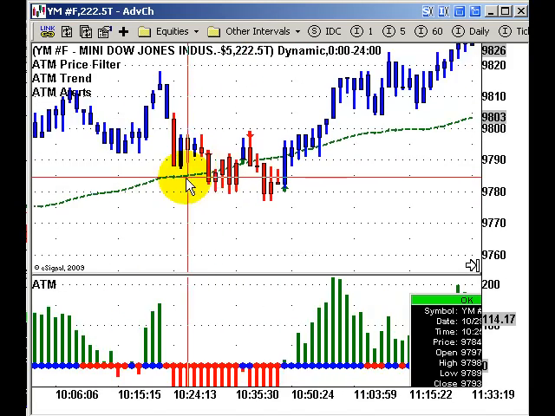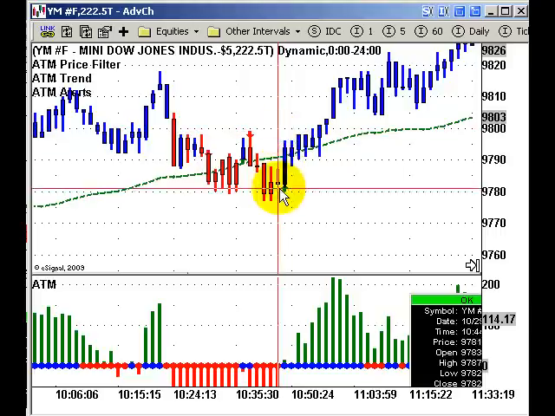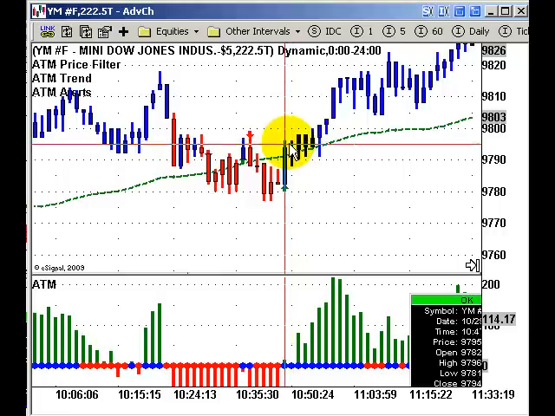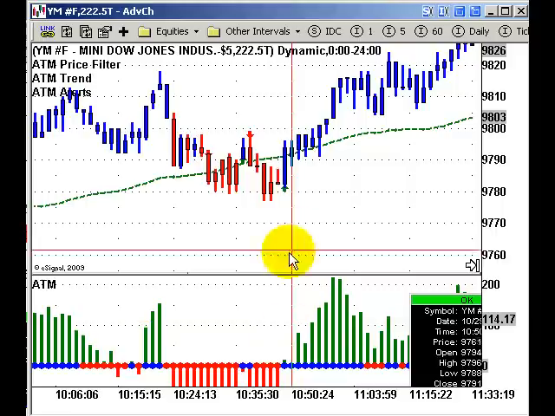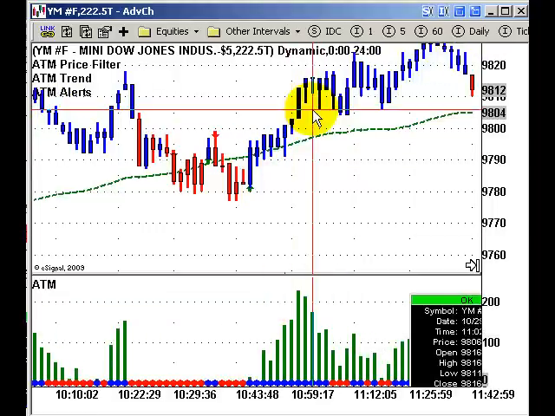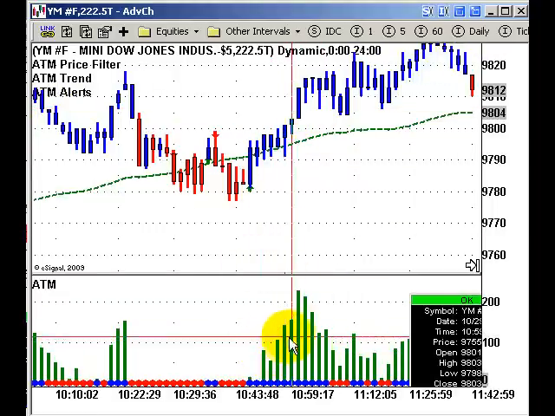Our trend is still up here. We're just looking for longs. Okay, here we get another close. That price filter bar is blue there, with our slope is up. The ATM momentum there is positive, and we can get in this trade. You can either take your 10 points, or you can follow the momentum bars.